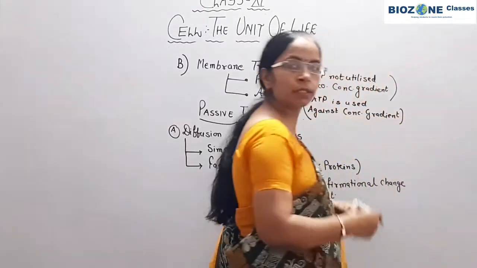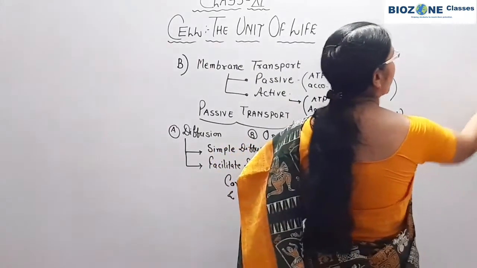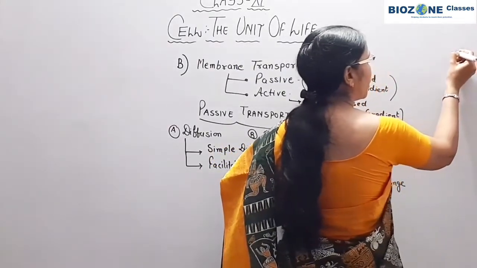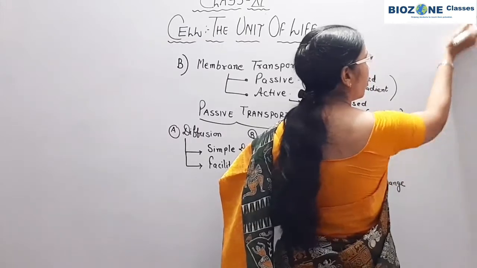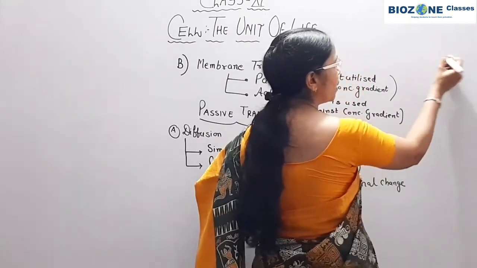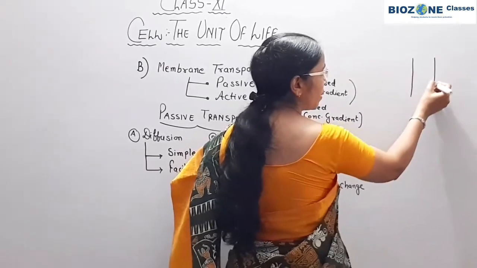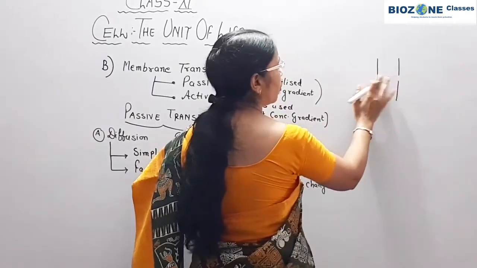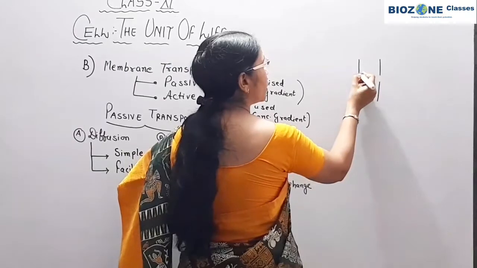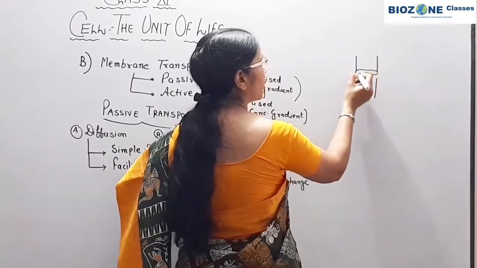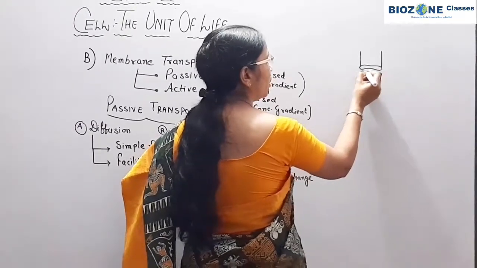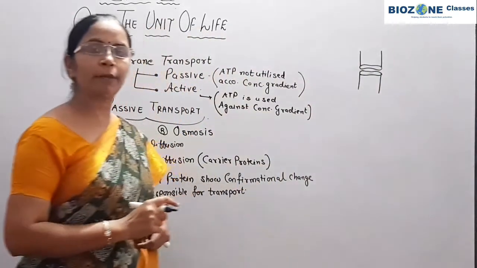When we come towards facilitated diffusion, generally when we draw the plasma membrane, suppose this is the plasma membrane, and on this plasma membrane there are special proteins, integral proteins, which you already studied.